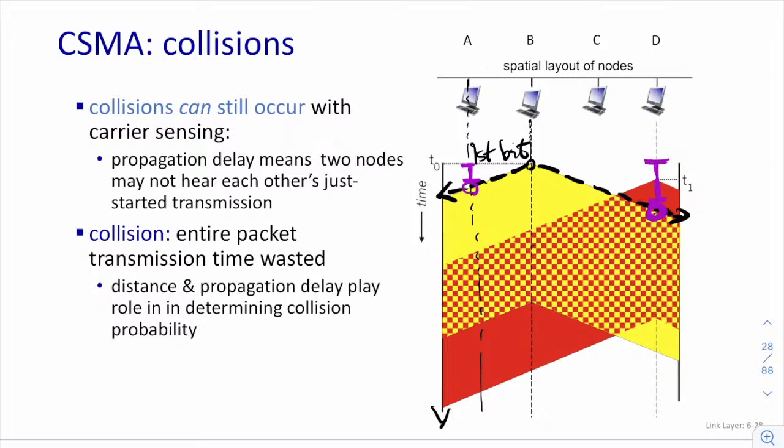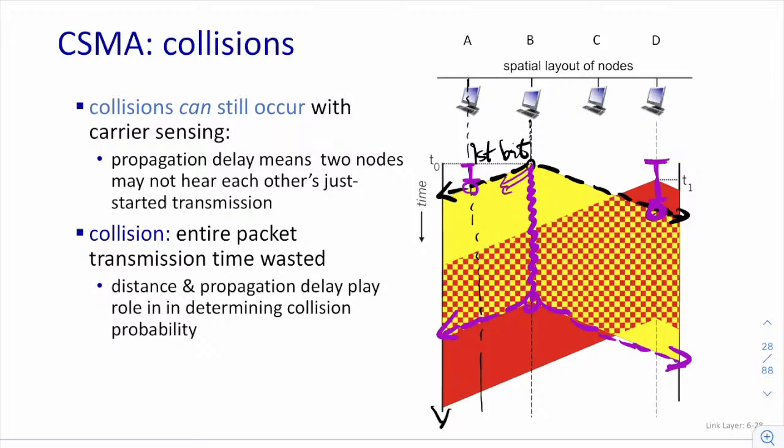After that, B will continue to send its second bit, its third bit, and so forth. At this moment, that is B's last bit, and it will propagate to the environment like here.